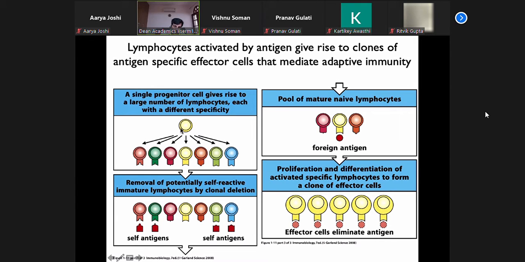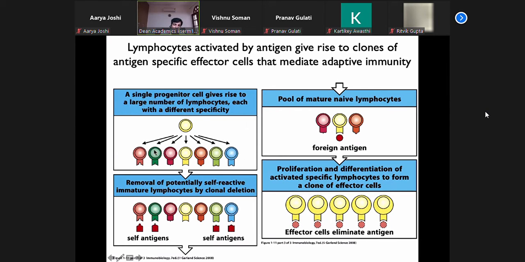You have the progenitor cell. Now, this progenitor cell will differentiate into these different cells, and at this time point, the specificity of the receptor is decided. This is actually the developmental stage. This is not during the activation stage. This is when these cells develop in primary lymphoid organs. You start from progenitor lymphoid cells, and they give rise to cells of different antigen specificity.